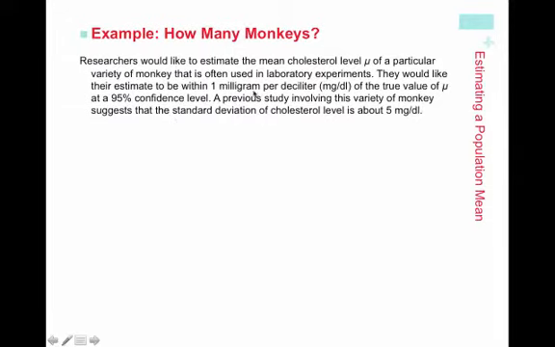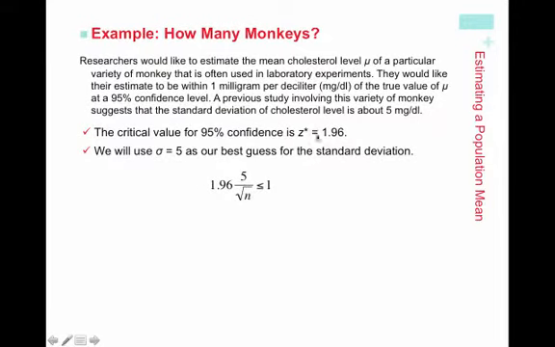It so happens that there's a previous study that was done with this variety of monkey that suggests that the standard deviation is approximately 5 milligrams per deciliter. So our critical value for 95% is 1.96. Our standard deviation that we're going to use is 5. We know that from our previous study. And we want this to be less than or equal to 1. Our margin of error is 1 milligram per deciliter.